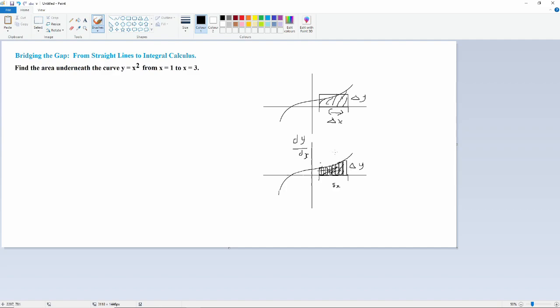In other words, the antiderivative, or the indefinite integral.